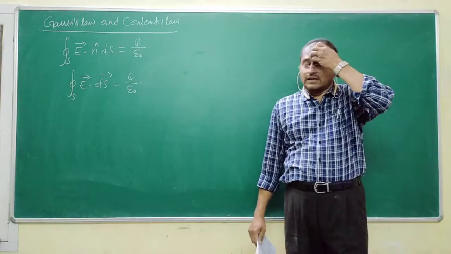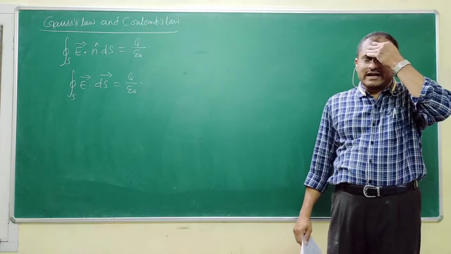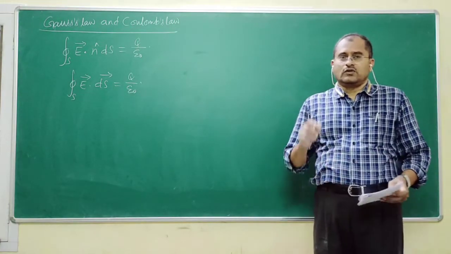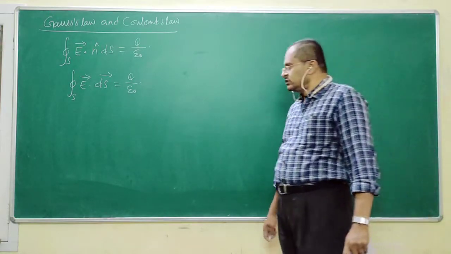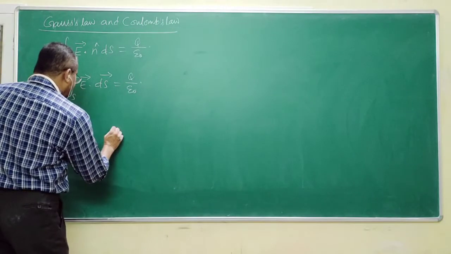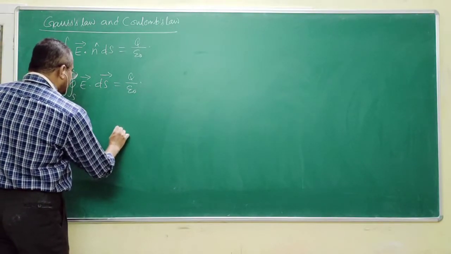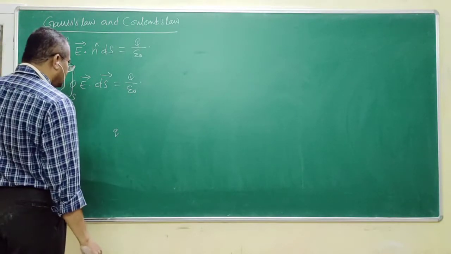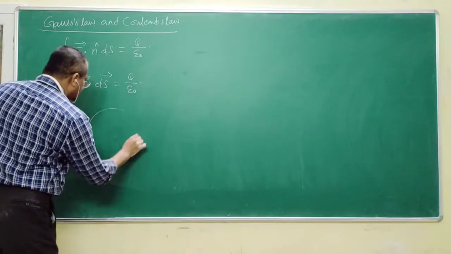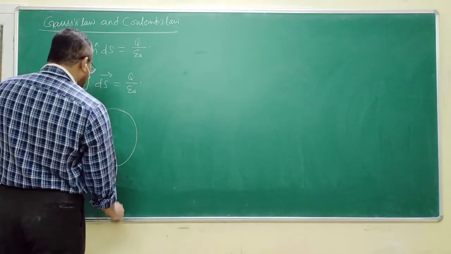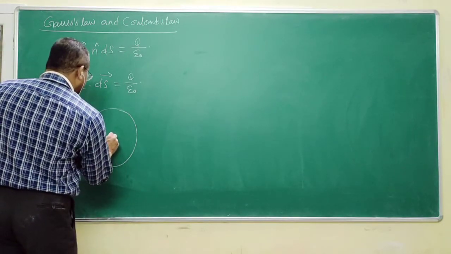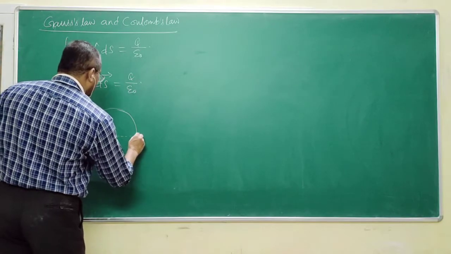Now Coulomb's law can be deduced from Gauss's law. What do we need to do? To do that, let me take a point charge placed at some point O. I am going to construct an arbitrary closed surface in the form of a sphere like this.